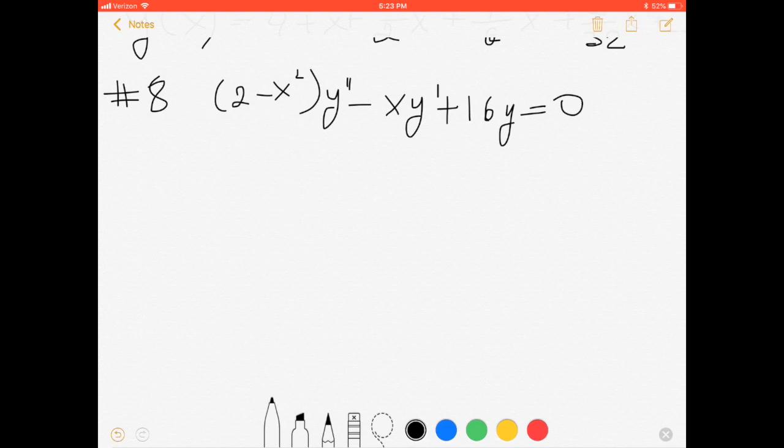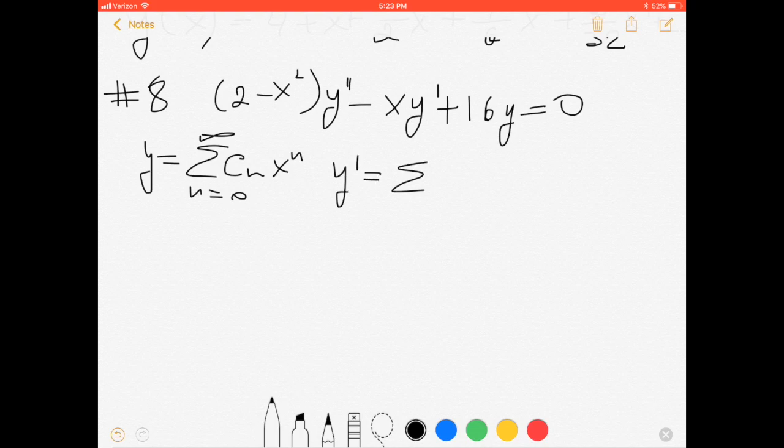Here we need to find our solution. We try to find a power series solution, and we see x equals 0 is an ordinary point. This means we try to find the sum of Cn x to the power n, where n is from 0 to infinity. We know the first derivative will be n Cn x to the n minus 1, from 1 to infinity.